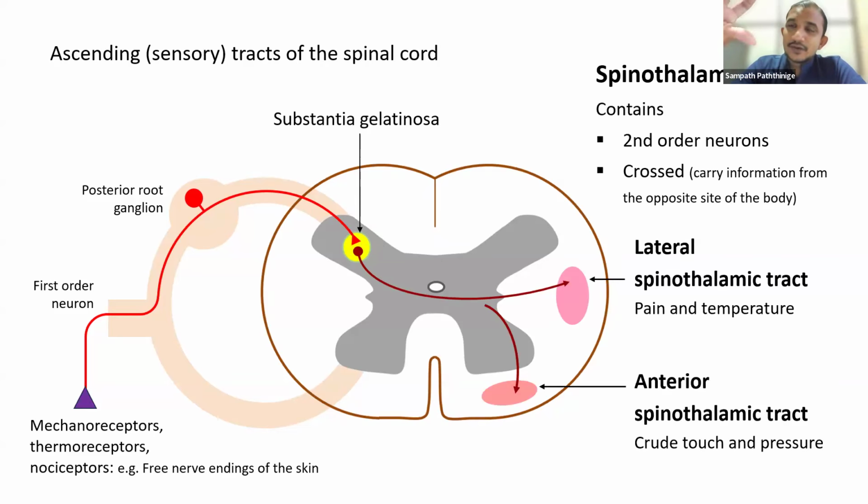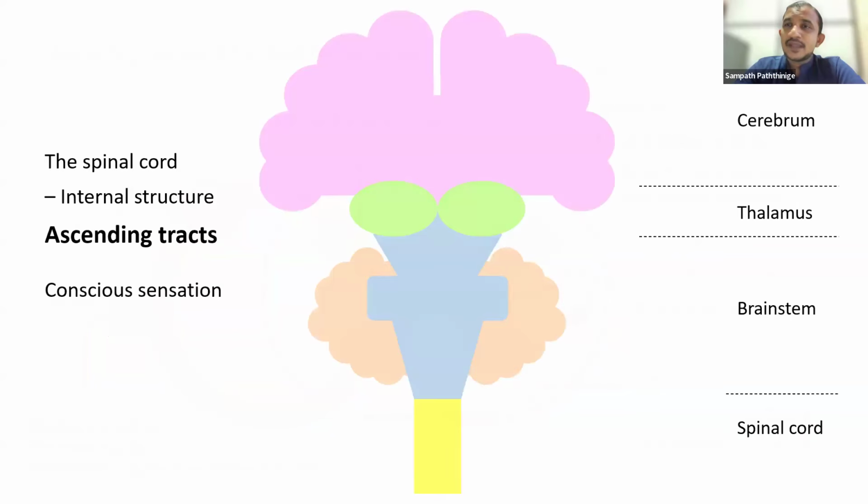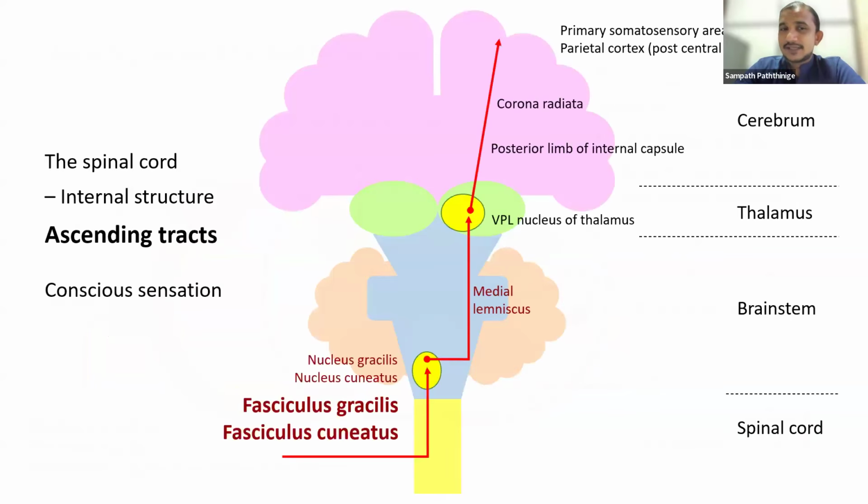Right? So those are the conscious sensations that we get through the spinal cord. They have two different pathways. The fasciculus gracilis and cuneatus carry a first order neuron which ascends up to the lower medulla, where it ends at the nucleus gracilis and the nucleus cuneatus.